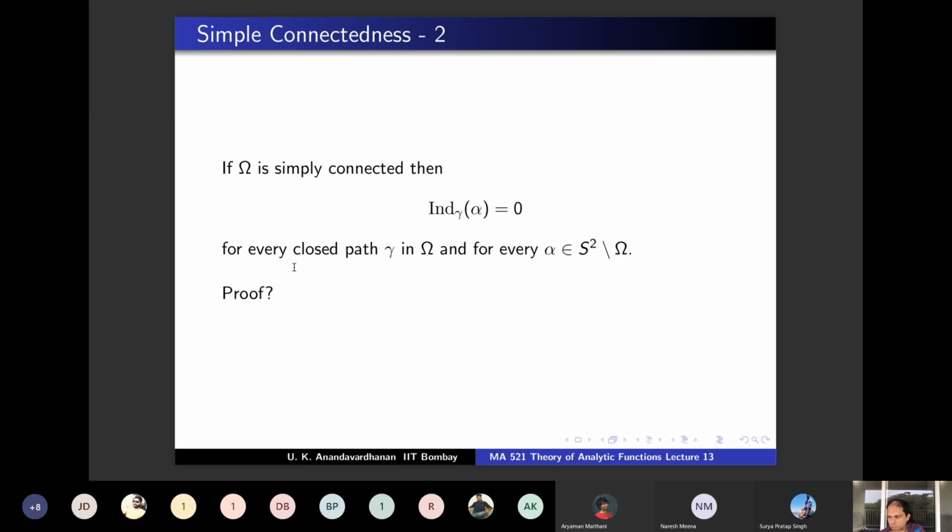So why does this follow? What is given to you is every closed curve is homotopic to a constant curve. So in particular, if you take any closed path gamma, it is homotopic to a constant curve.